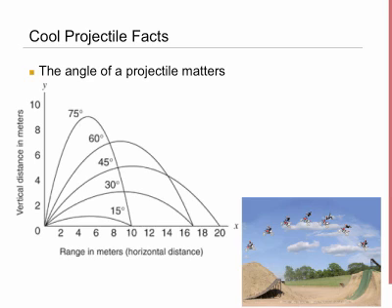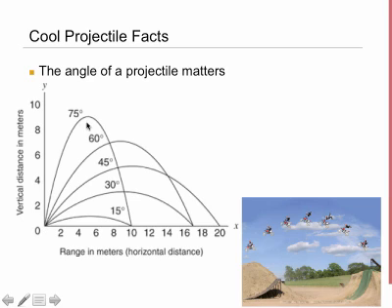So here we've got a graph that shows the vertical displacement, or how high the projectile goes, versus how far the projectile goes when it's launched at a certain angle. Here we've got 15, here's 30, here's 45, 60, and 75. Okay, so you can see that when an object is launched at an angle of 15, you have a very long horizontal displacement and a very short vertical displacement.